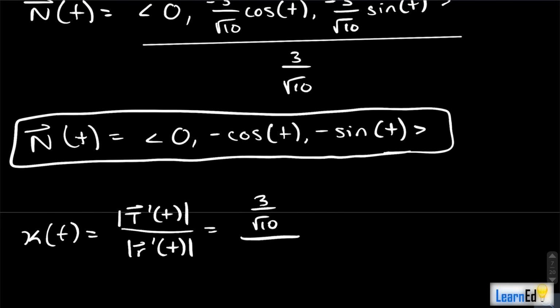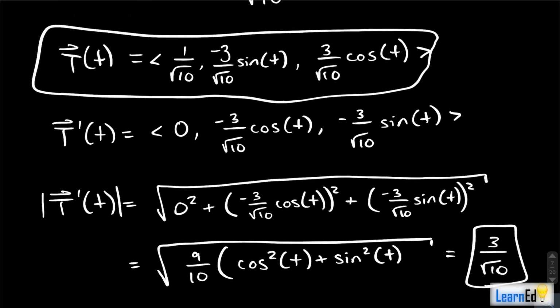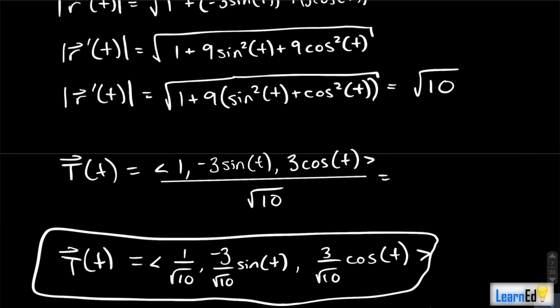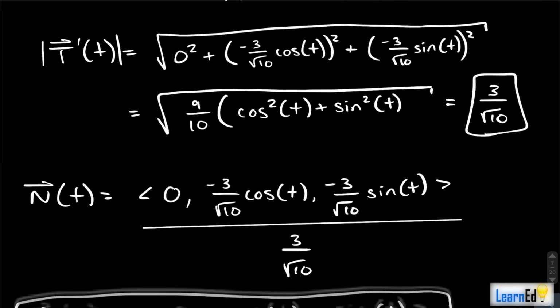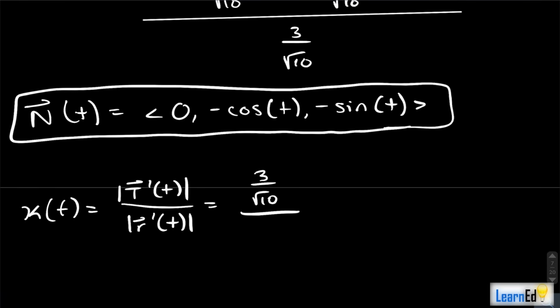And then what was the magnitude of r prime of t? We've already found these things, so it's just plug and chug from here. The magnitude of r prime of t was rad 10, so we put that down here. These rad 10s are going to get multiplied together. Don't think that they get canceled out, because this bottom rad 10 is not in the denominator of the denominator. So we get 3/10.